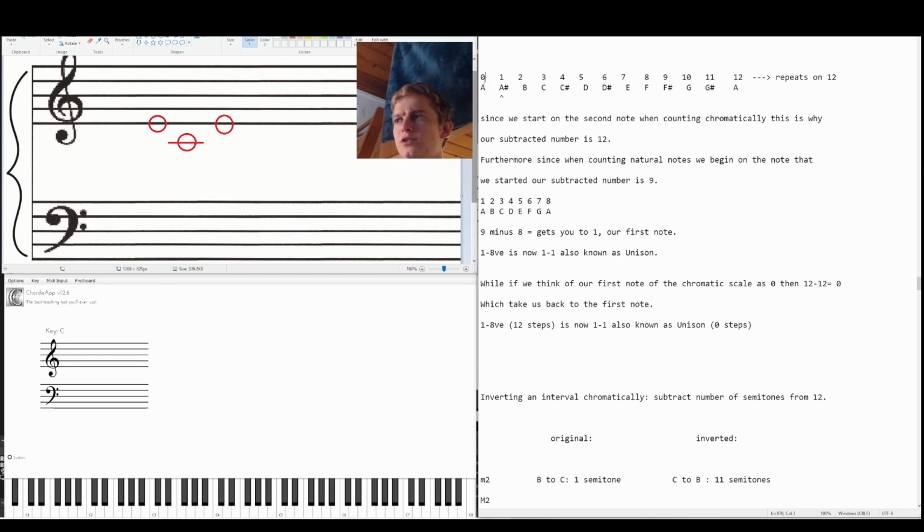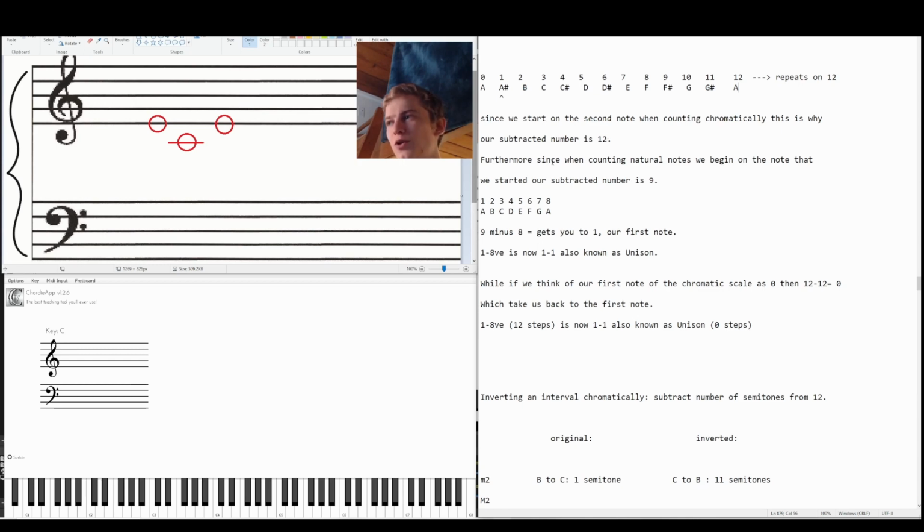So again, our 0 is going to be our first one that we start on, and then it goes all the way up to 12, which is then going to repeat on that same note 1 octave up. So since we start on the 0th note when counting chromatically, this is why our subtracted number becomes 12.